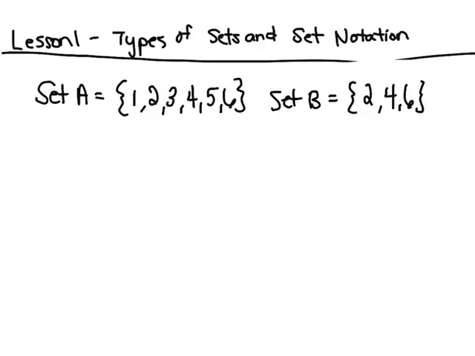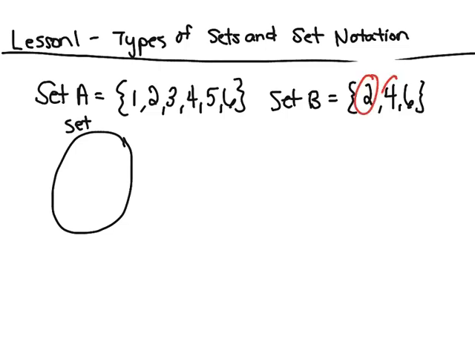Okay, a subset is a set that is within another set. And a way that we can show this is we can do it with a picture. So if we have set A, and it has the numbers 1, 2, 3, 4, 5, 6 in it, and set B has 2, 4, 6.